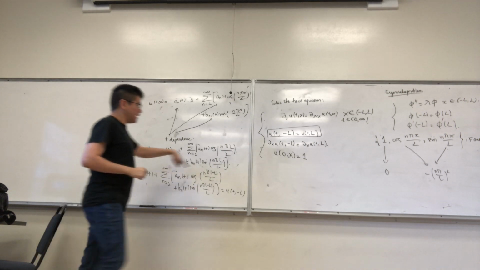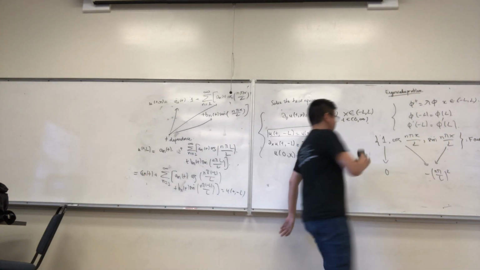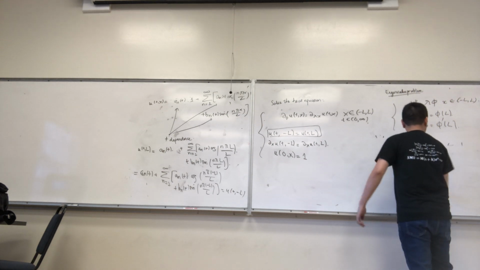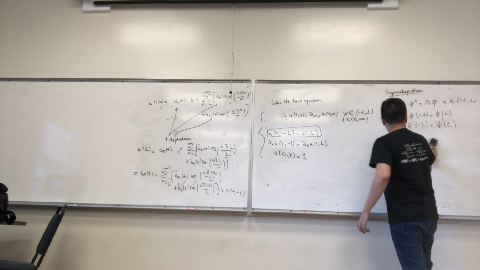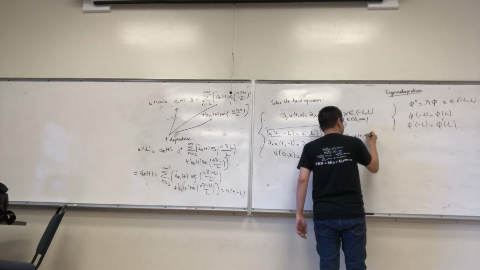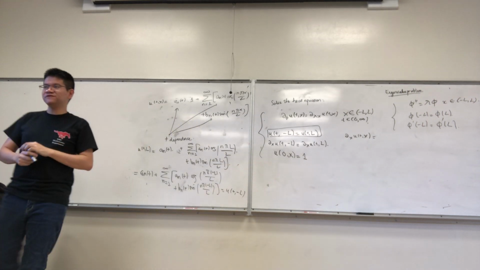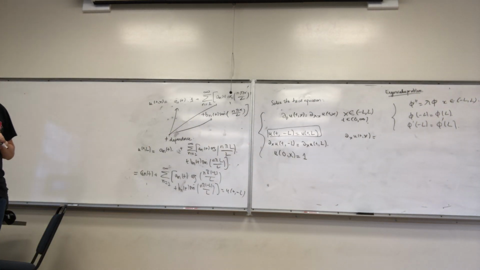Right, so again the second boundary condition will be the same. I'm going to show you. So if I have this series, what is the derivative in x of this series?